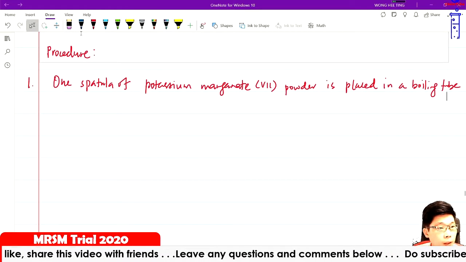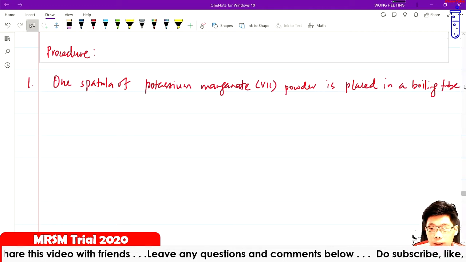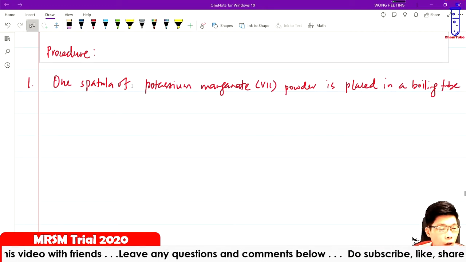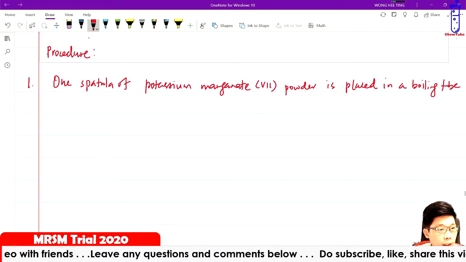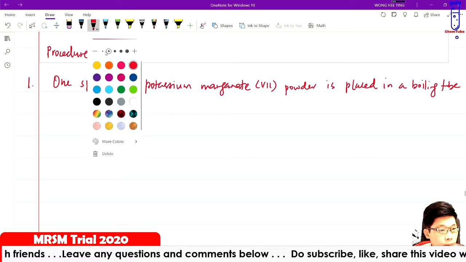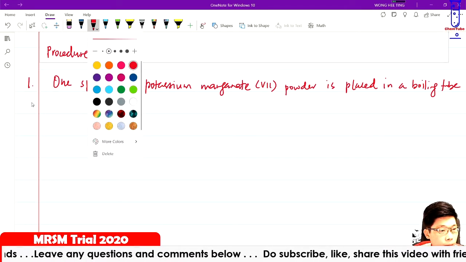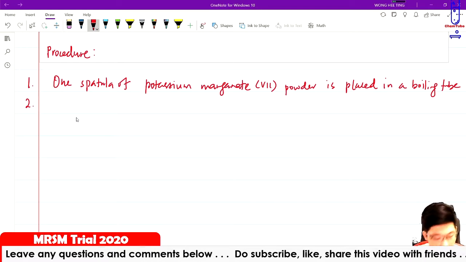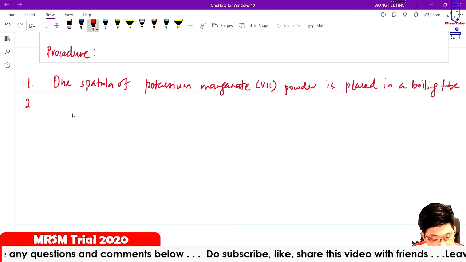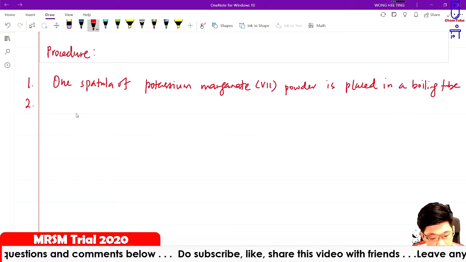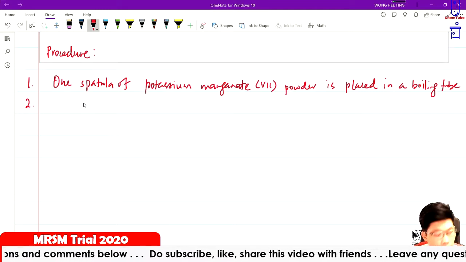This is the source of oxygen. Point number 2: the boiling tube is clamped horizontally to a retort stand.